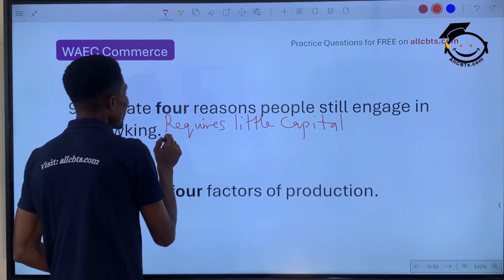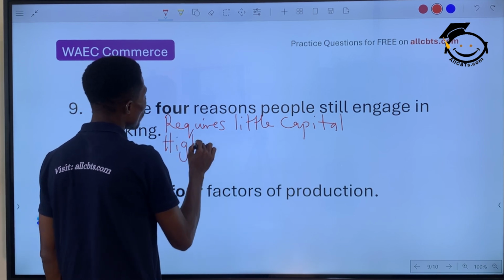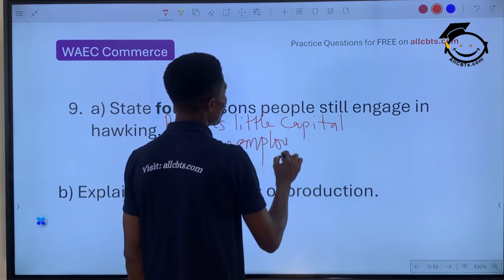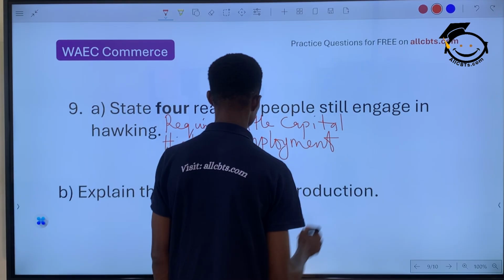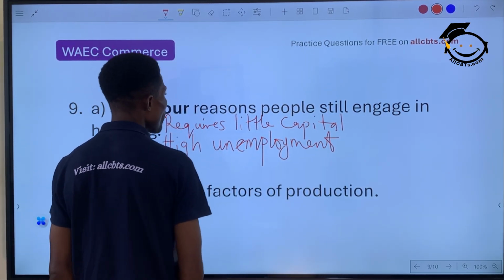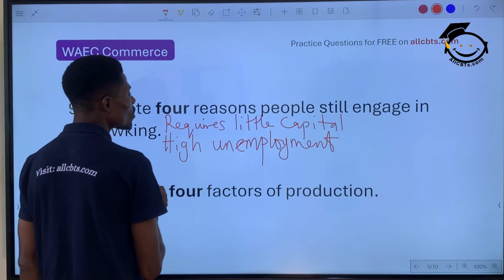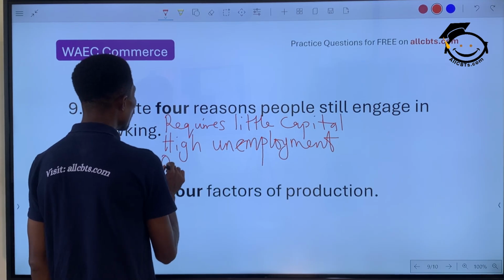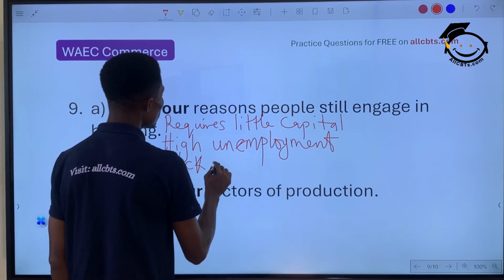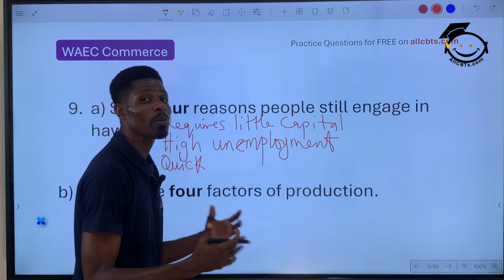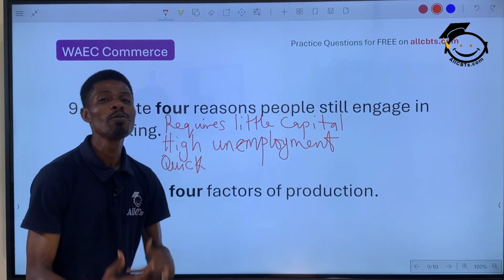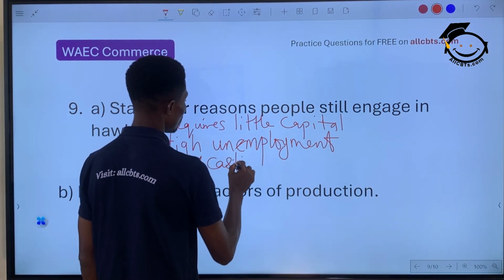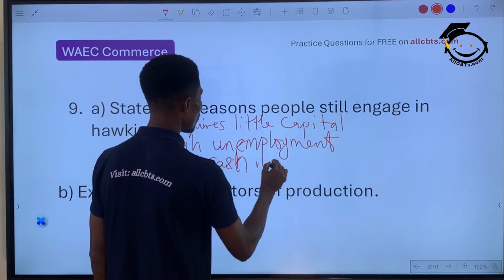Number 2, high unemployment. The third reason is what we call quick cash return. They make money sharp. They make money fast. Quick cash returns.